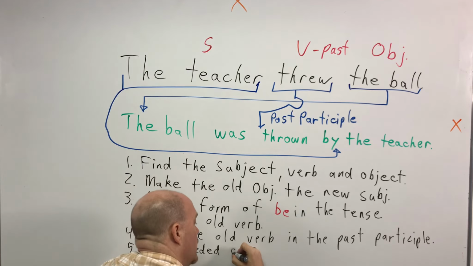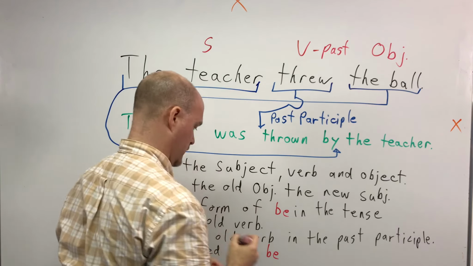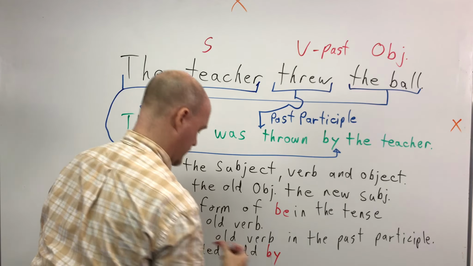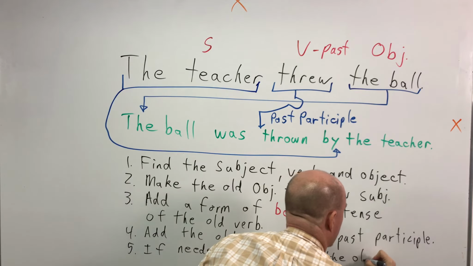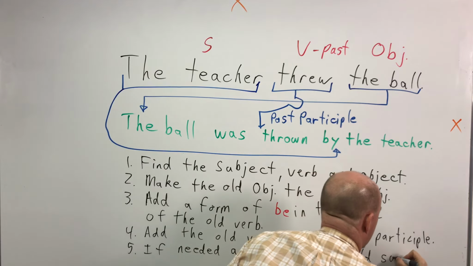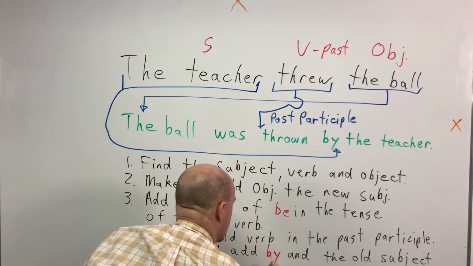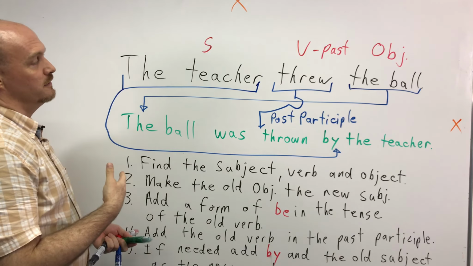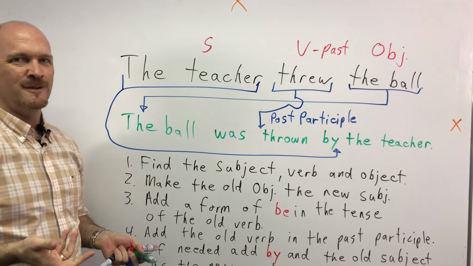If needed, add by, and the old subject as the new agent. And now you've changed your sentence from the teacher threw the ball to the ball was thrown by the teacher. A passive sentence.